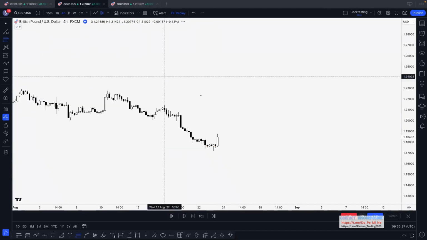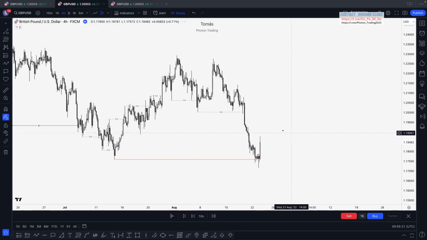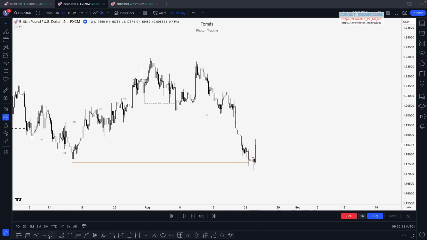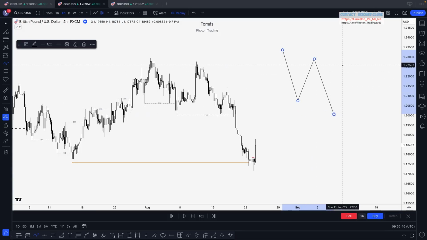Let's analyze the H4. Something that is also very important is analyzing the combination between the time frames. So we can see, for example, in this case, the daily, imagine daily boss bearish. When do I know that the pullback of this daily bearish swing leg is going to start?